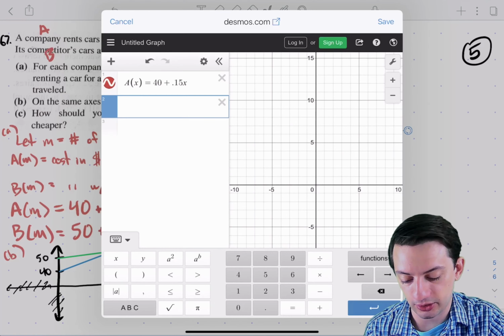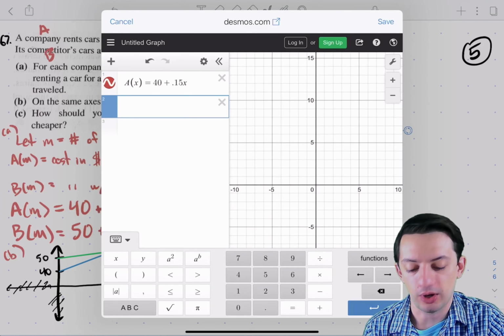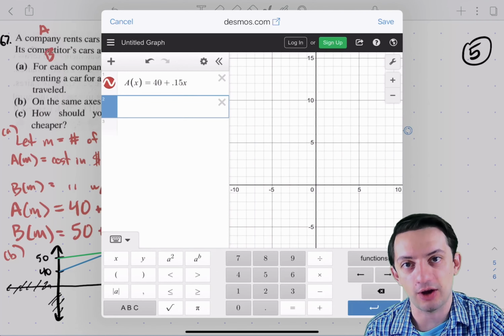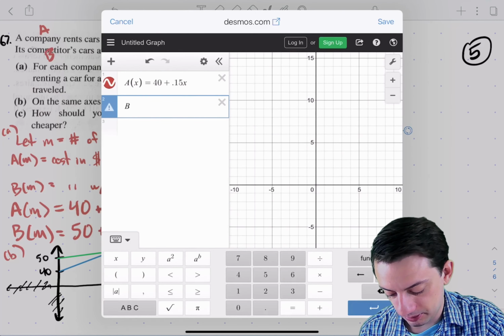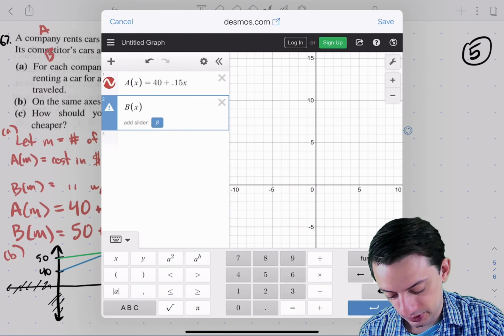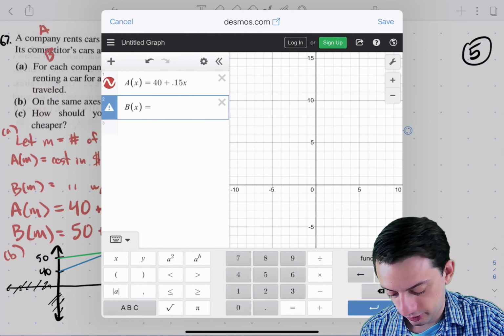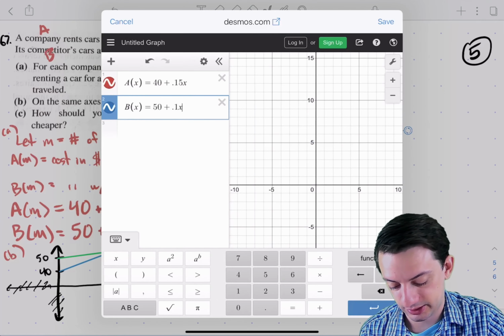Okay, so that's one line. Now you might say, well, where's our line? Well, we're only seeing 15 and the line's off the page, so we'll catch up with it in a second. Our second function will make b of x equals 50 plus 0.1x.